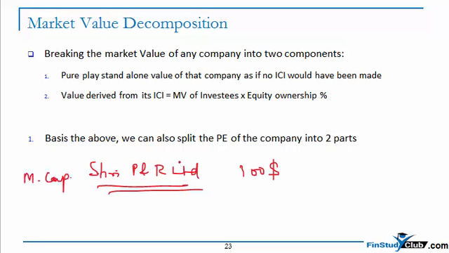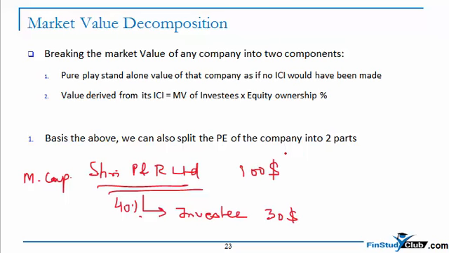But this company, Shriram Pistons and Rings, has made an investment into a company called Investi, whose value itself is $30. And the investment that they have made is to the tune of 40%.